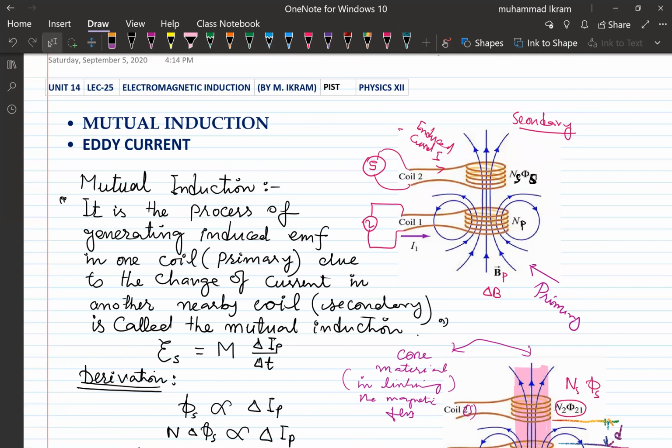So this is a very easy way of transferring power from one coil into another without any physical touch. They are only closer to the nearest possible distance without any physical contact or touch.